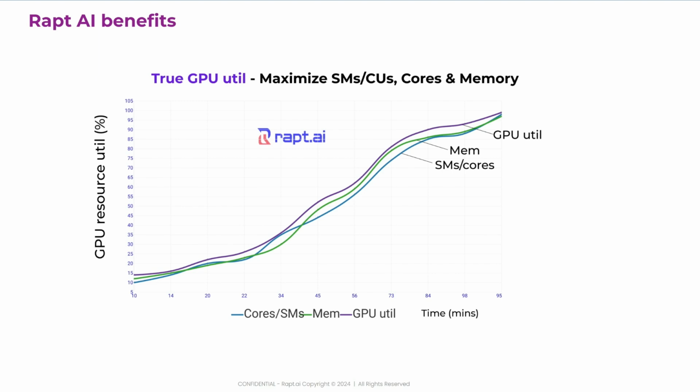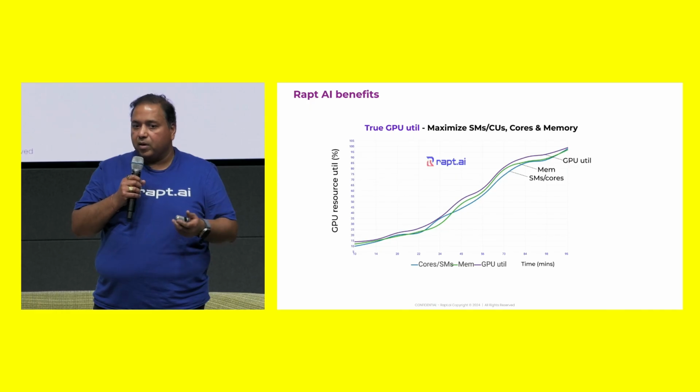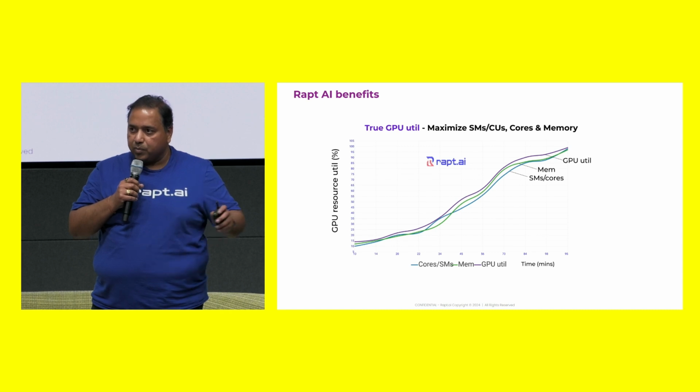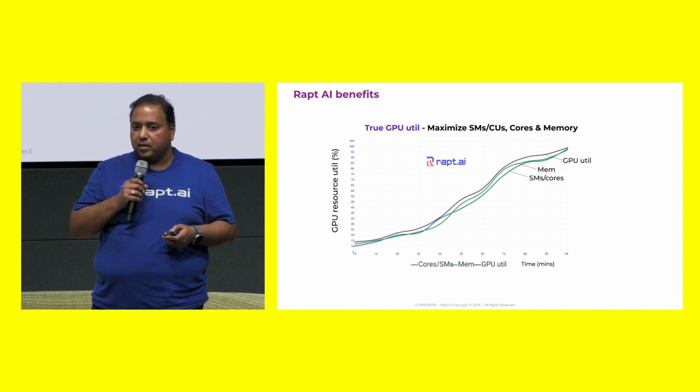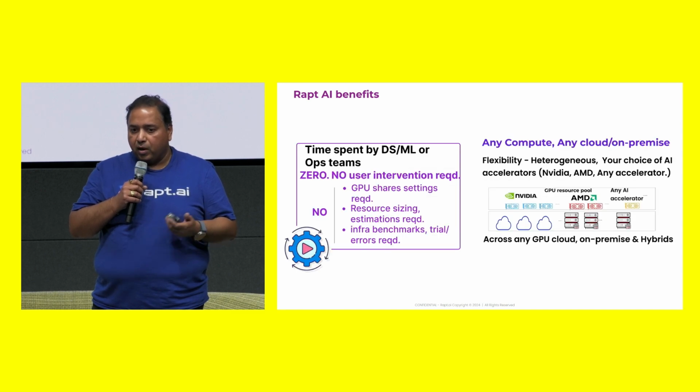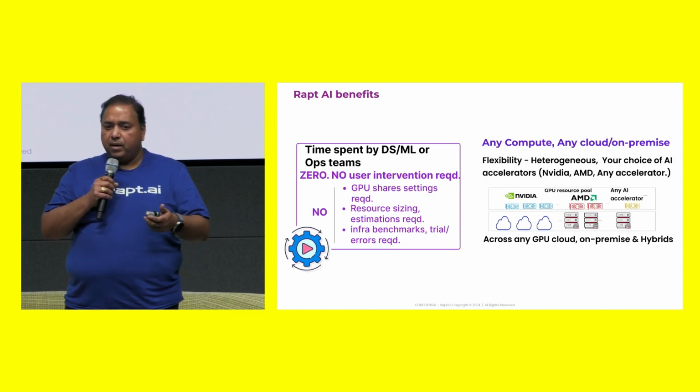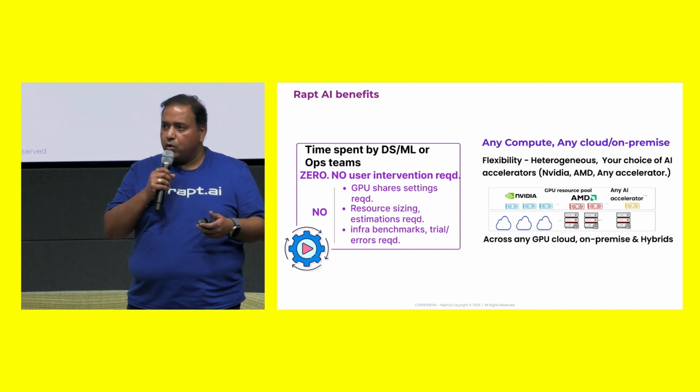So with continuous observation, optimization, and orchestration, you get the true utilization to maximize the infrastructure and take care of the costs, right? That's exactly what you are supposed to do moving forward, especially with the newer models that are coming in the market. And also, the biggest gain is no human in the loop, right?